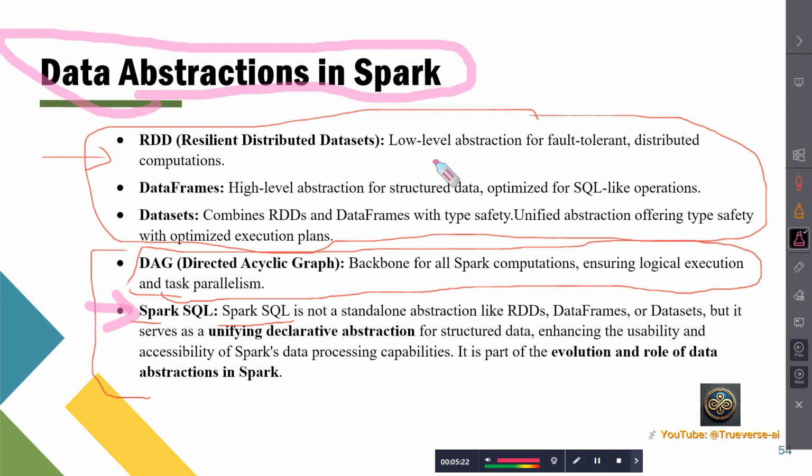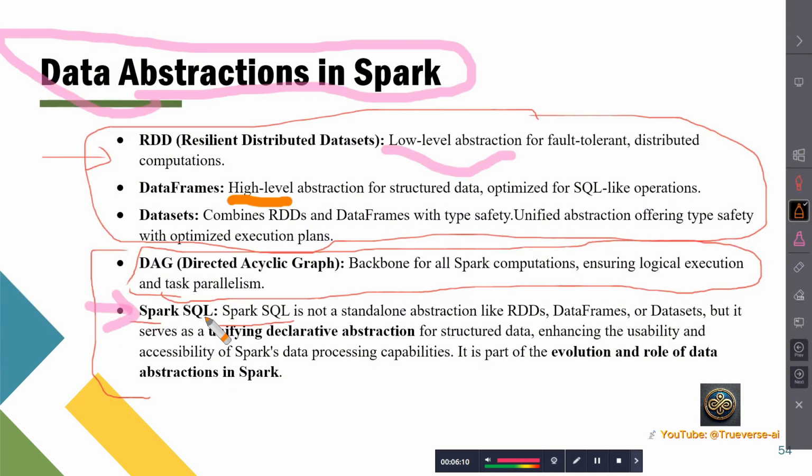We already explained why we need data abstraction and what the purpose of data abstraction is. Now let's come to the practical part. Because RDD was the first data abstraction introduced, it is a low level abstraction, and that is good for fault tolerant and distributed computation. Another one is the data frame, a little bit higher level abstraction, optimized for SQL-like operations.